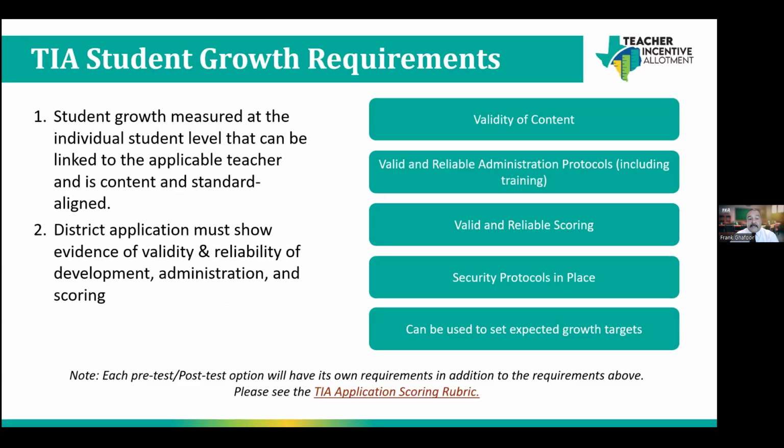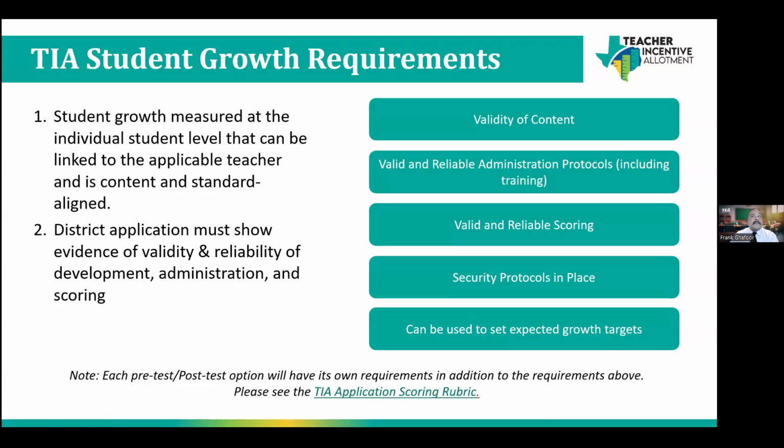We're also looking at whether its content and standards align. The district application will have to show evidence of validity, reliability, development, administration, and scoring when we are talking about this in the context of the TIA application.